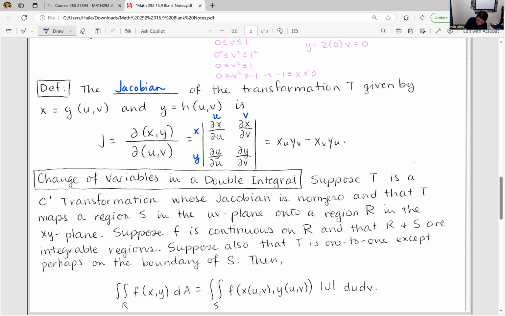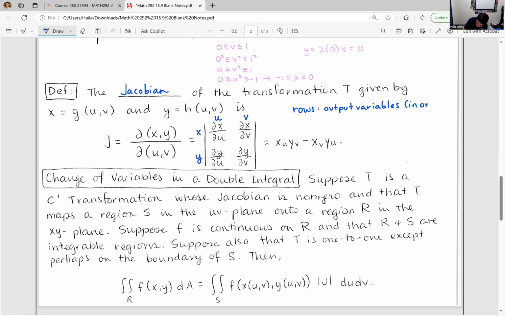Okay, so the rows are your output variables in order. And your columns are your input variables in order. And that's very important so that the calculation doesn't get messed up.